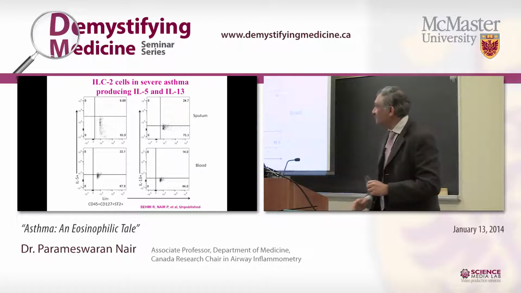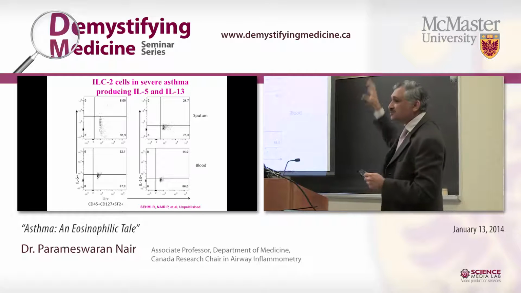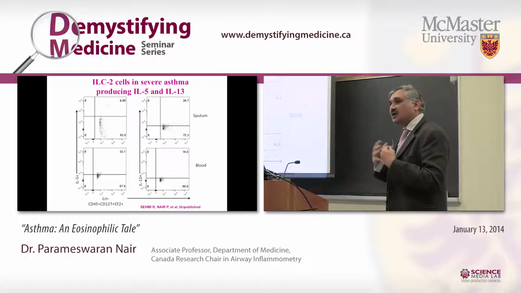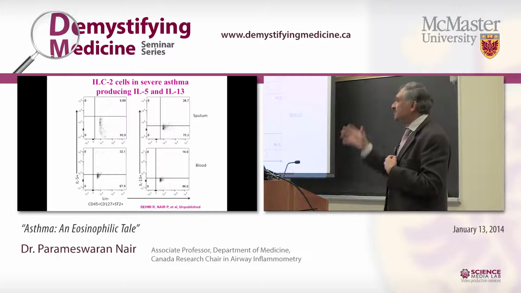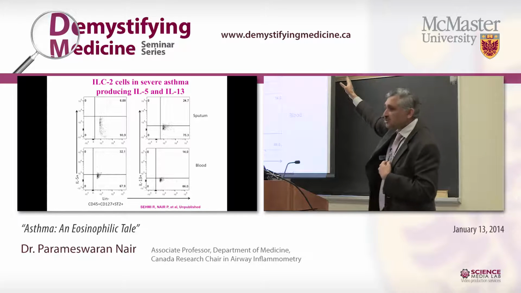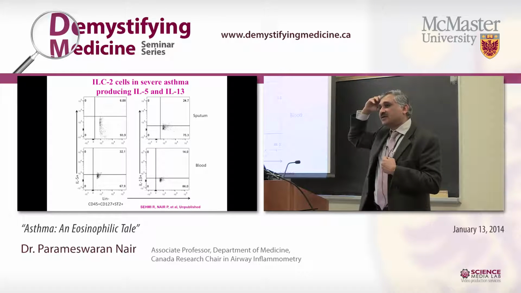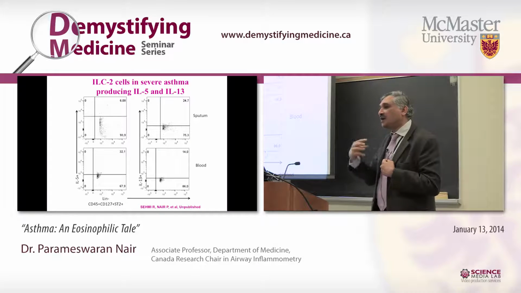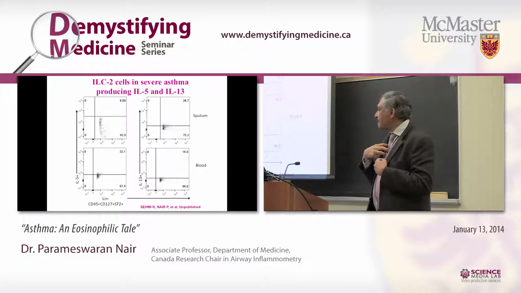And what we found very interestingly is in these patients with severe asthma who have eosinophils who are not so much dependent on recruitment from blood, there is a large population, 6% and 25% of these cells respectively producing IL5 and IL13 in the sputum.